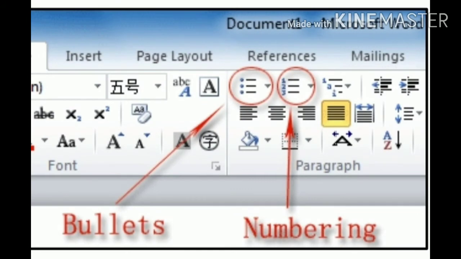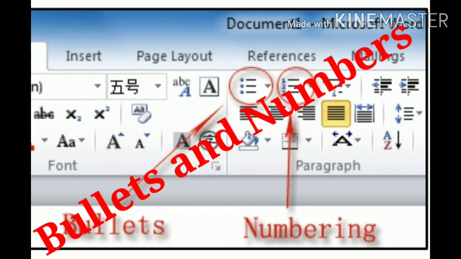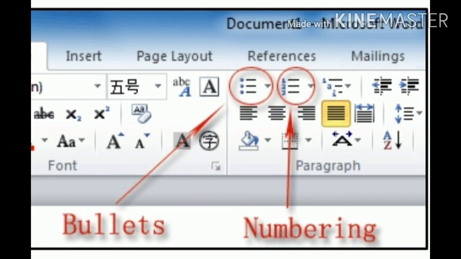Then next section, bullets and numbers. You can specify any important points in a text with special signs. These signs are called bullets. The bullet library includes symbols and pictures of bullet styles. Different types of bullet styles are there.